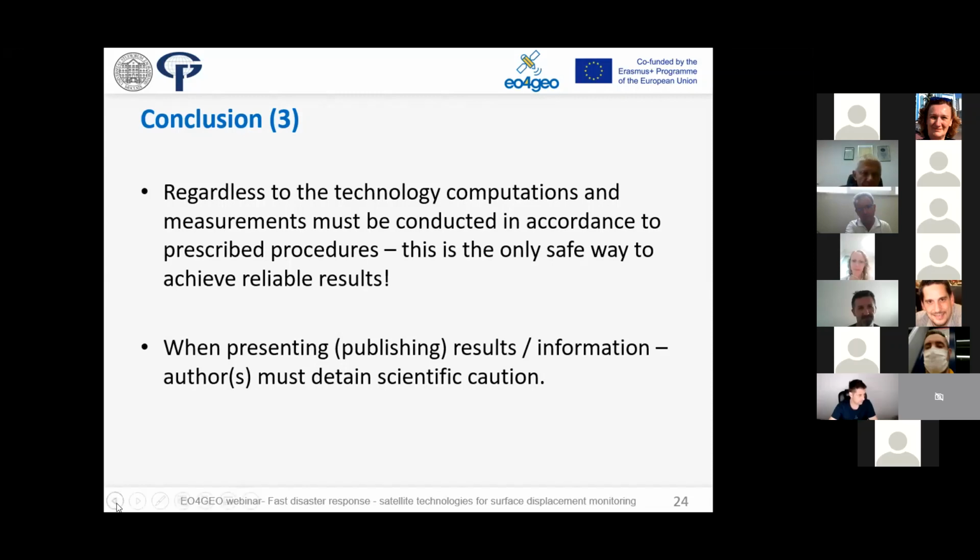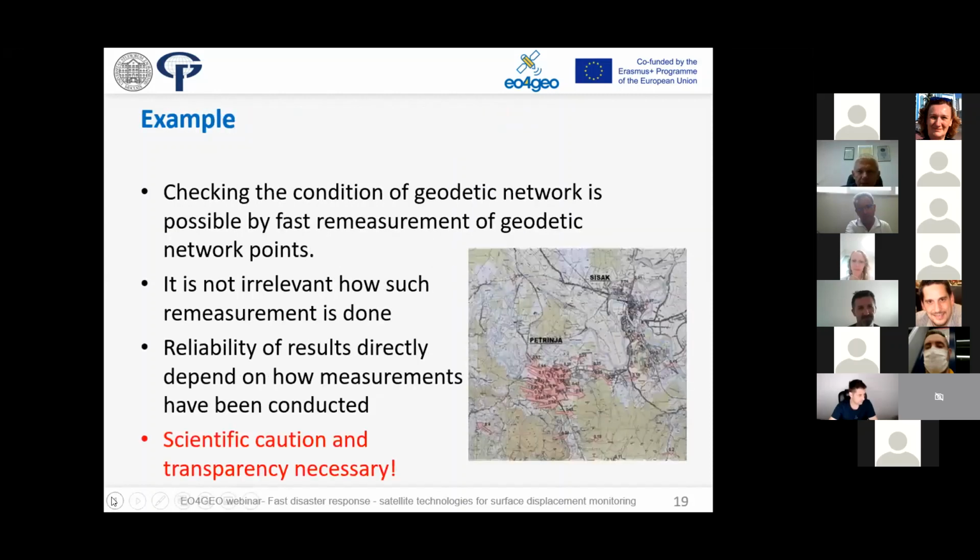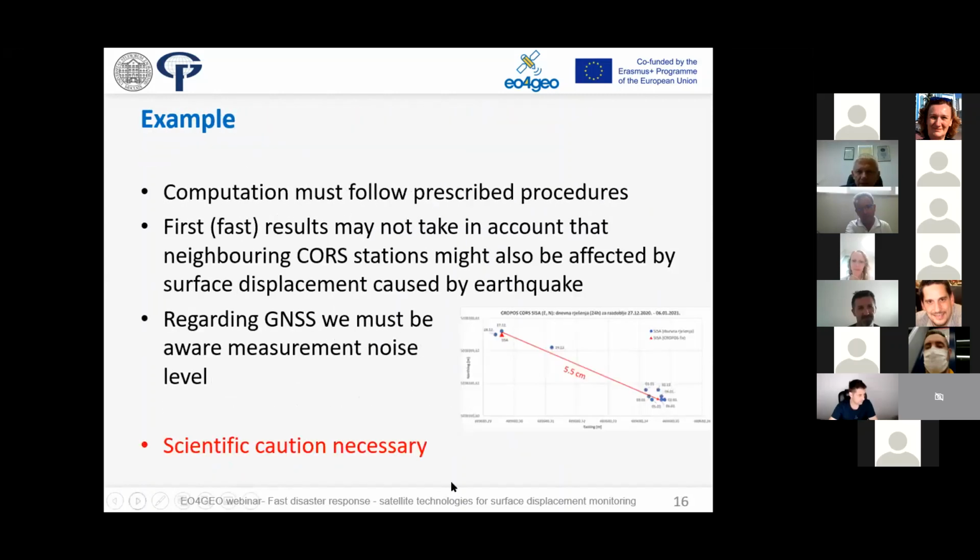Just to go back to this picture, it took some 8-9 days before this computation was finished, before we were confident that the result we achieved is reliable.